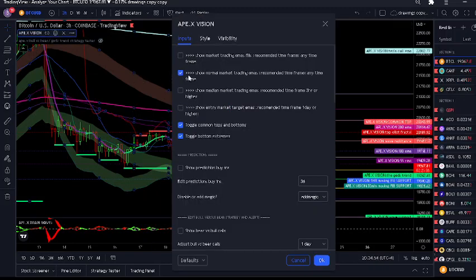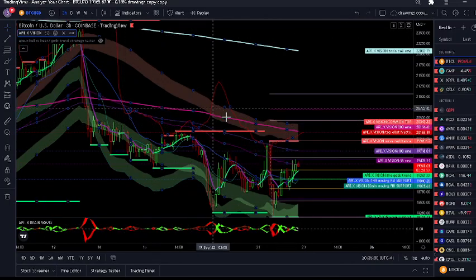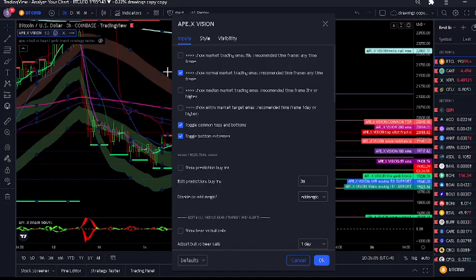This is what it will look like when you pull it up. I'll be going through and explaining all the different meanings of everything, so let's just go ahead and turn off pretty much everything that you can.